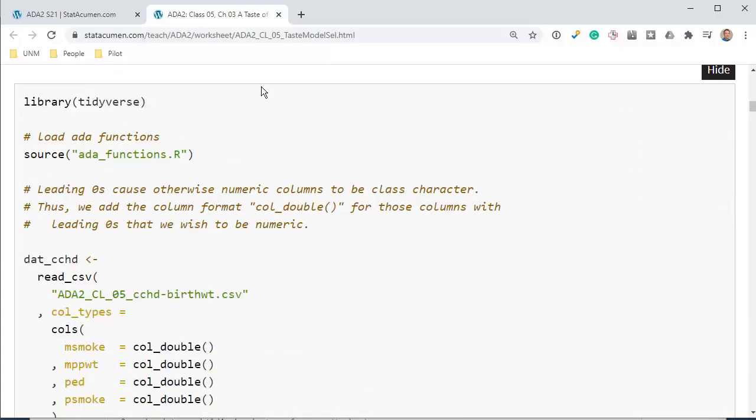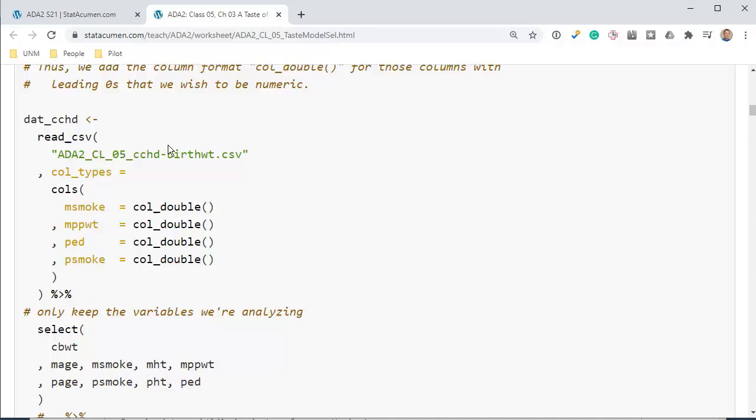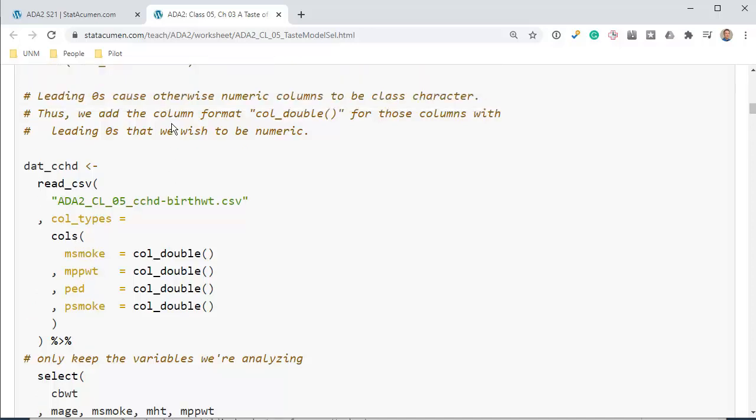So we start by loading the tidyverse functions, loading the ADA functions script, and then reading in the data set. Now the read CSV function uses the first 100 or so rows to try to identify what the data type of a variable is.